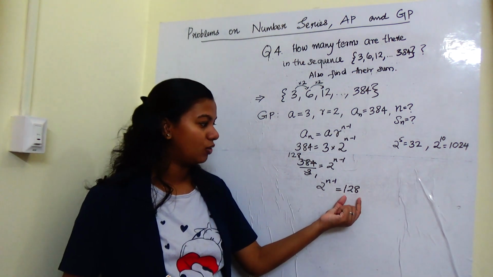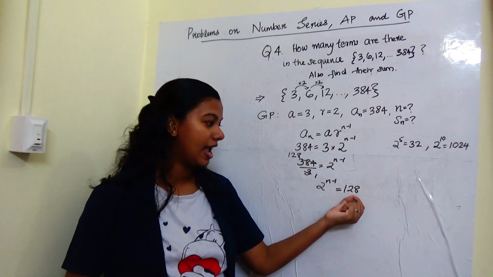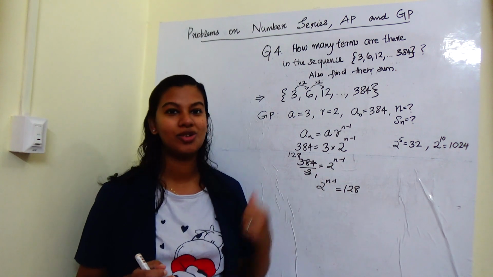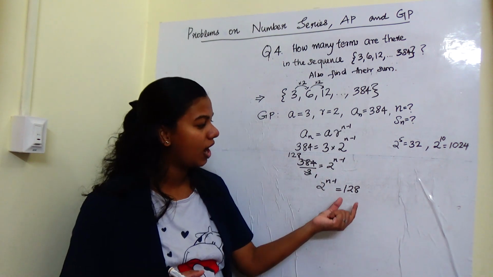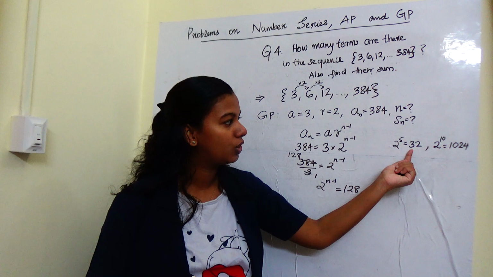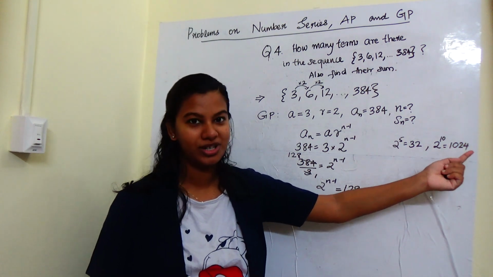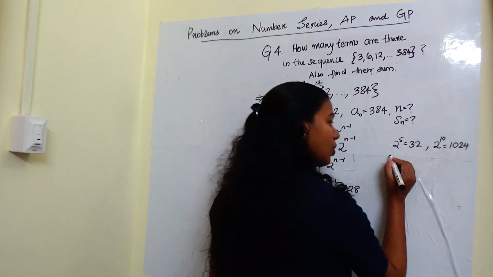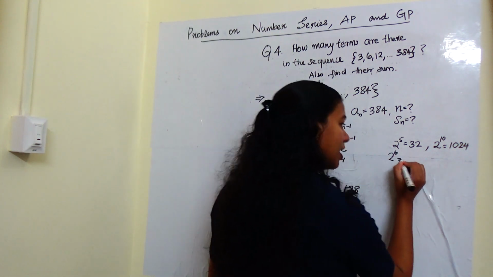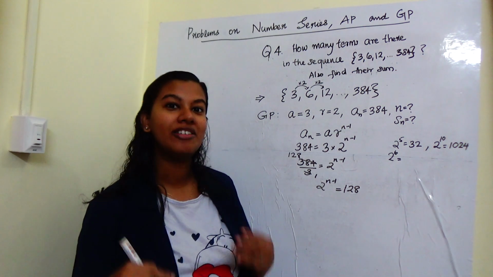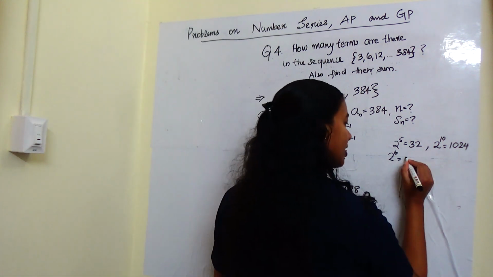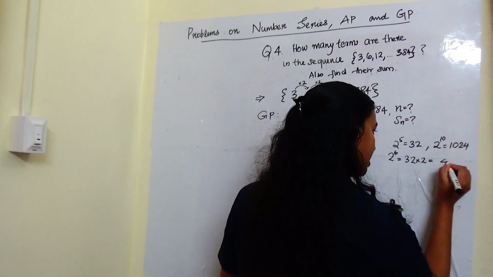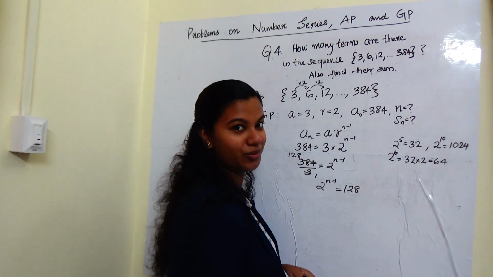So I need the value 128. It is surely 2 raised to a value because it is equal to 2 raised to n minus 1. So 128 is between 2 raised to 5 and 2 raised to 10. Let's find the values between them. So I put 2 raised to 6. 2 raised to 6 will be 2 raised to 5 into 2, that is 32 into 2, which is 64, right?